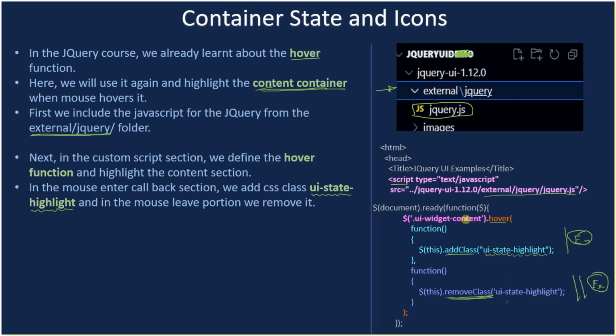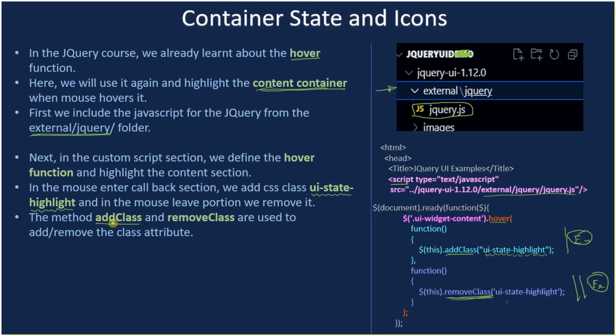All these styles we are not defining. All these styles are already there in the CSS file, which is placed under the theme folder supplied by jQuery. From that theme, we are referring to the CSS rule and adding that at runtime. The addClass method, we are using this multiple times.